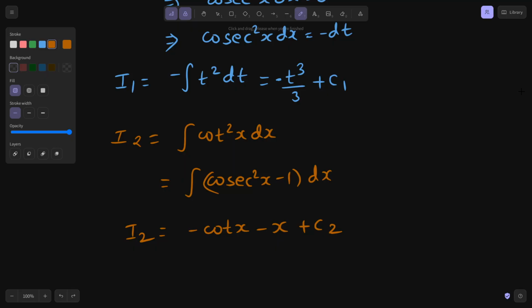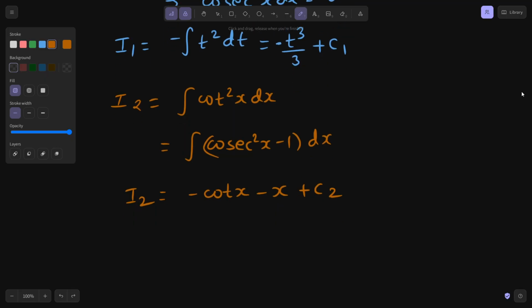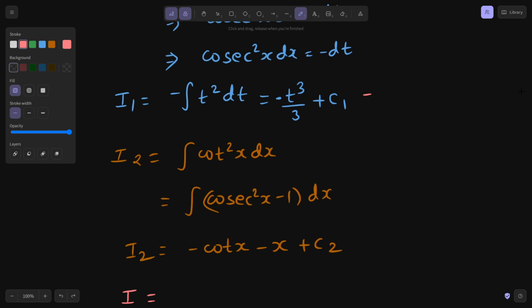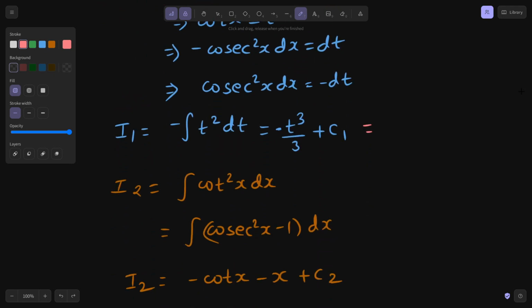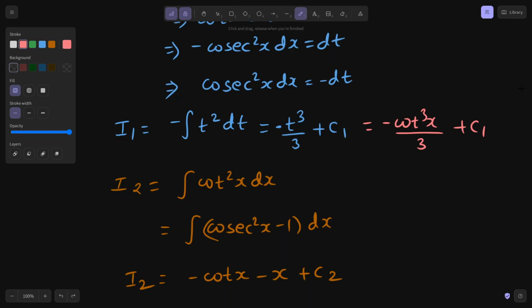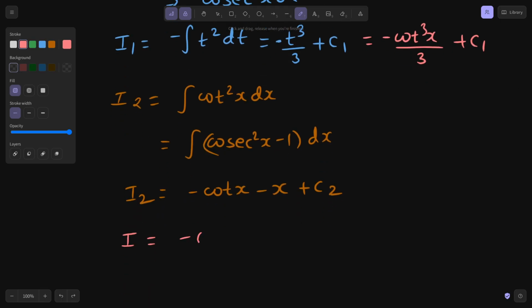Your I was I1 minus I2. So coming back to that, your I will be I1, which came out to be, t, I forgot to substitute. T was, I think, cot x, so negative of cot³x by 3 plus c1. So this is your I1, minus of I2.